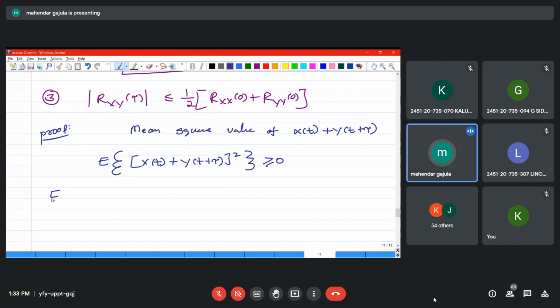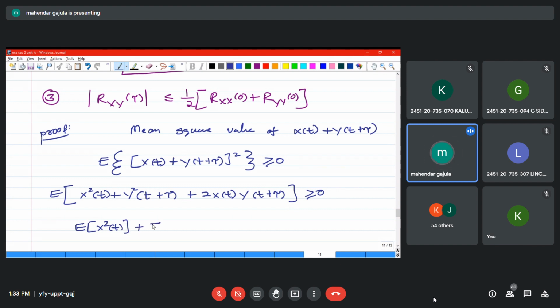Let us apply the (a plus b) whole square formula: x square t plus y square t plus tau plus 2 x(t) y(t plus tau) greater than or equal to 0. So apply the expectation operator on individual terms. First one is expectation of x square t. Second one is expectation of y square t plus tau. And third one is 2 times expectation of x(t) y(t plus tau), greater than or equal to 0.